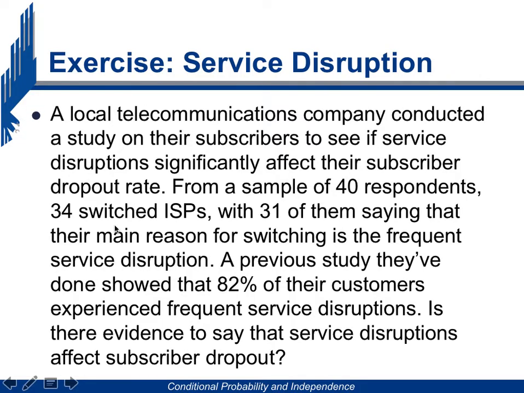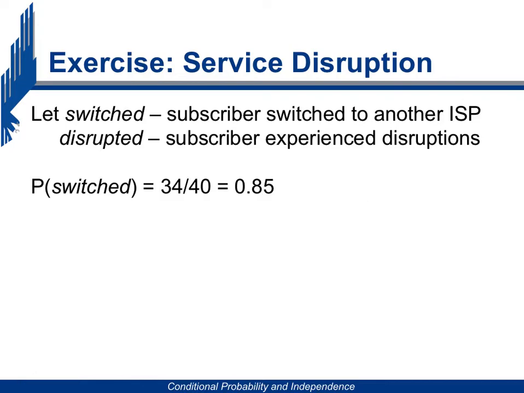After identifying the events, our next step is to identify the probabilities. Your sample space is composed of 40 respondents. 34 of them switched out of the 40. So 34 over 40 is a probability, and that is the probability of switched.